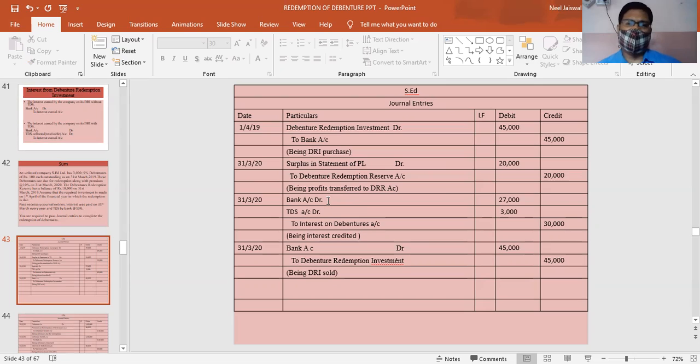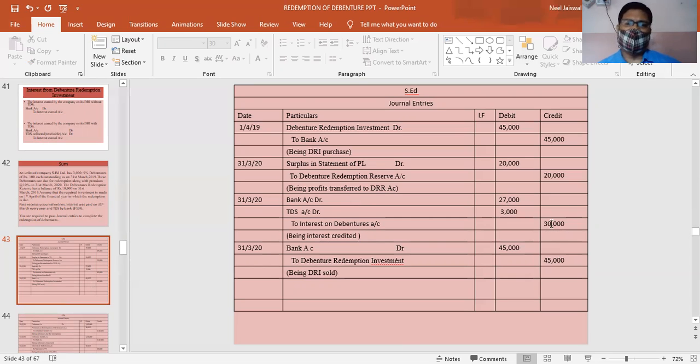Next, on the same day, you are getting interest on this DRI, debenture redemption investment. After 1 year, from 1/4/19 to 31st March 2020 is 1 year. So 1 year interest on 3 lakhs will be how much?